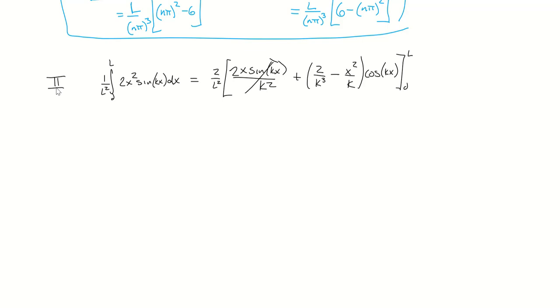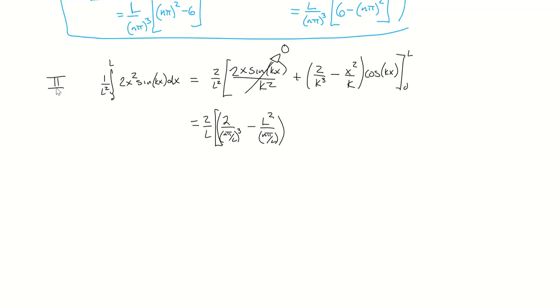Just like with the previous integral, that sine term is 0 at both limits. So this ends up being 2 over L. Imposing the limits on the term that's remaining, we have 2 over (n pi over L) cubed minus L squared over (n pi over L).